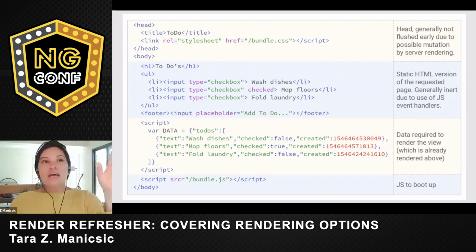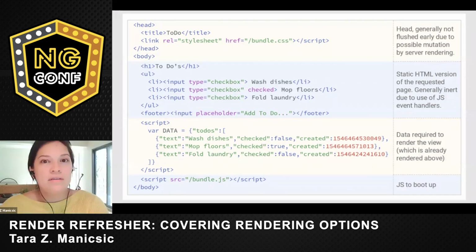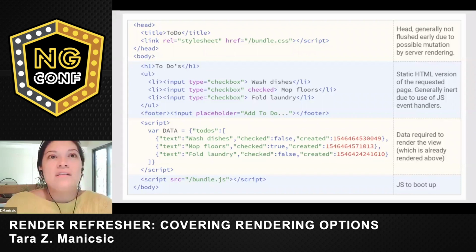So only after that bottom script, that bundle.js, has finished loading and executing, that's when it becomes interactive. So you see there's a lot happening before that actual interaction, even though people are able to see it. So that's like we just talked about with that confusion of interaction.